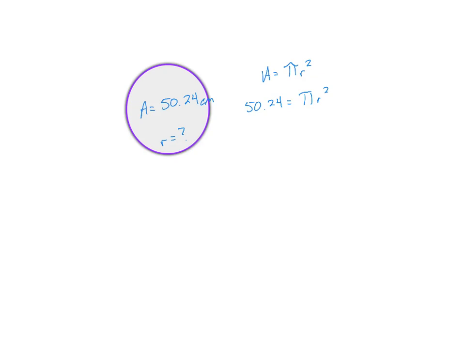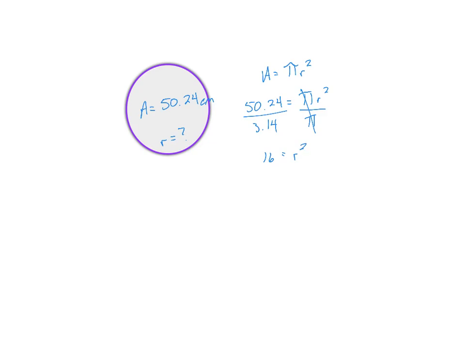I'm looking for my radius, so this is a multiplication problem. The opposite of a multiplication problem is division. So we're going to divide both sides by pi, and this is where I would use my approximation. I'm going to take 50.24 and divide by 3.14, and that brings me to 16.